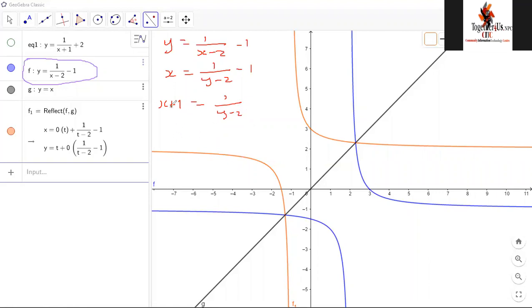Then I just change these two things, so y minus 2 is 1 over x plus 1. And so y is 1 over x plus 1, plus 2. There's my inverse. I have also put up the equation for this inverse. Here's the equation, and then here's the equation.